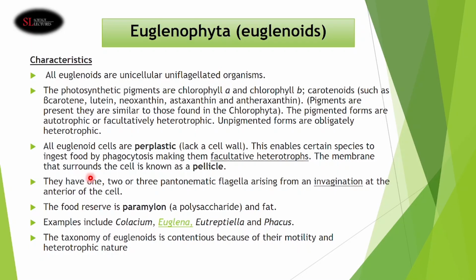However, I need to emphasize that the taxonomy of euglenoids is contentious. It is ambiguous because of their motility and heterotrophic nature, because many of the algae are autotrophic and non-motile, but euglenoids are able to move and many of them are able to feed on already manufactured food.